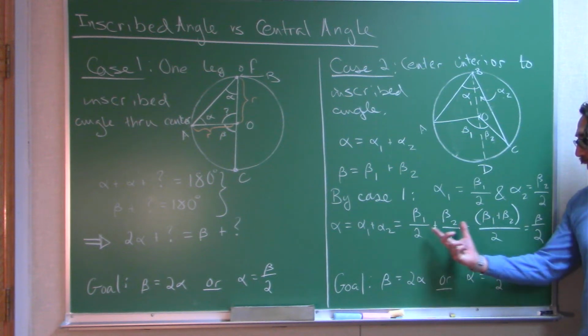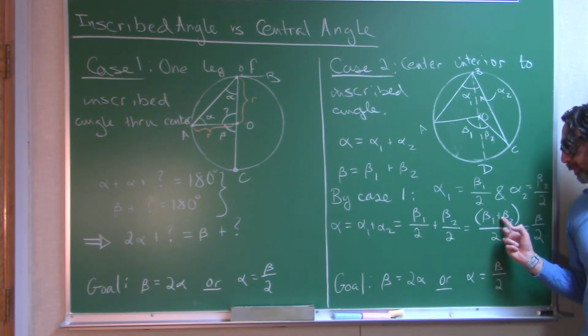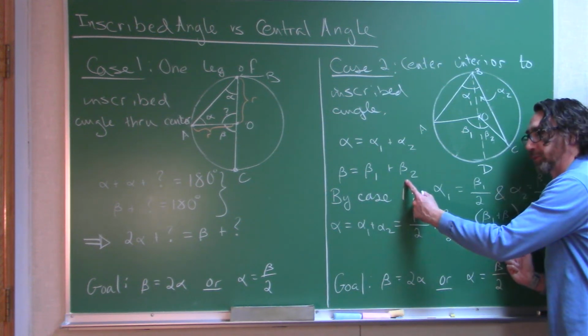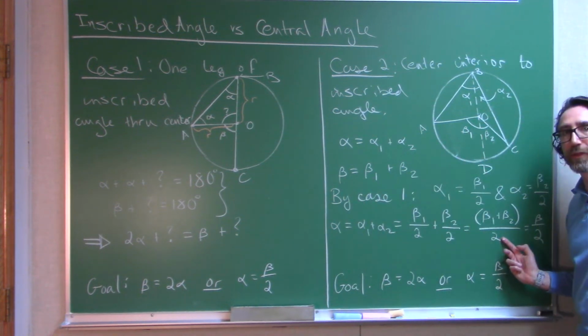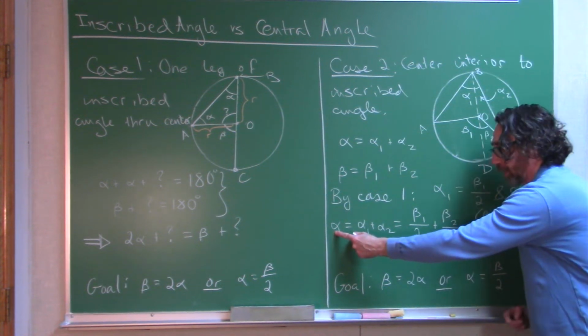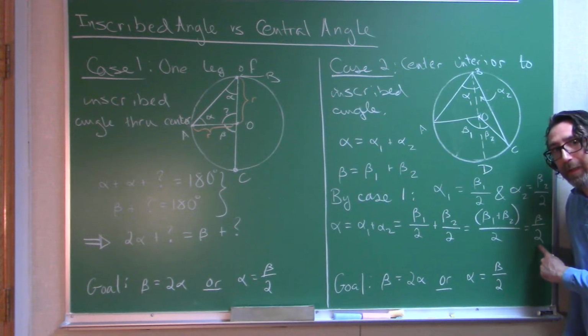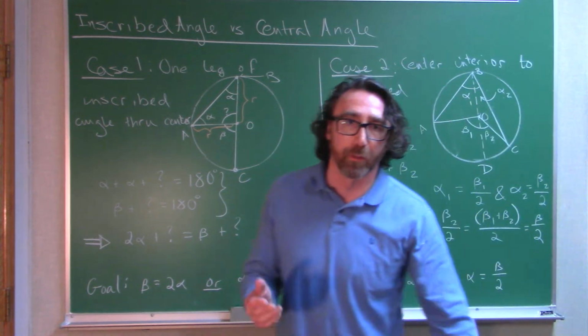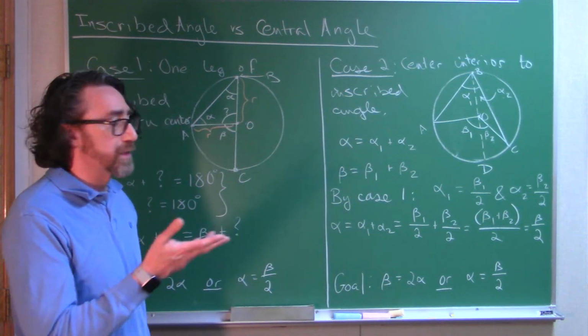So this sum is equal to beta 1 plus beta 2 whole thing over 2, but beta 1 plus beta 2 is the central angle beta. Therefore, my inscribed angle alpha is equal to 1/2 my central angle beta. Okay, so that's how we deal with the second case.